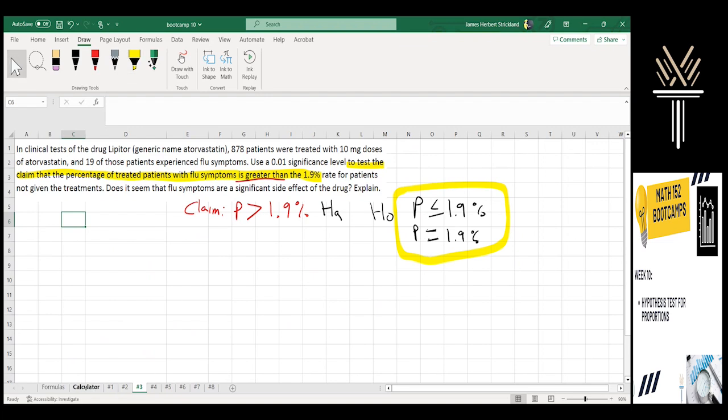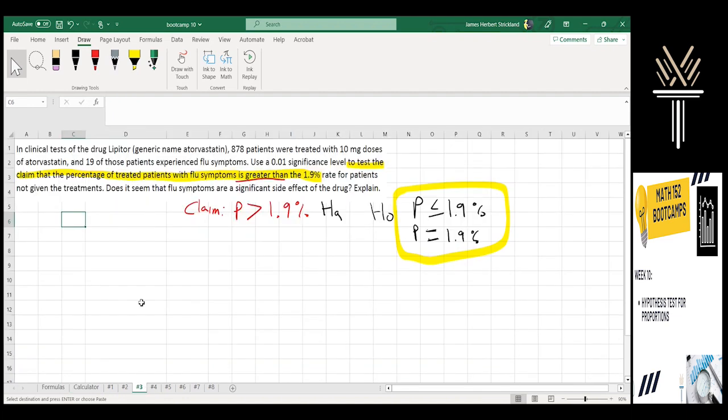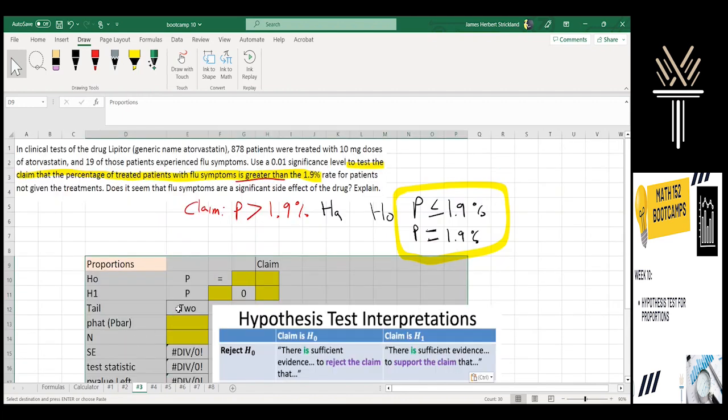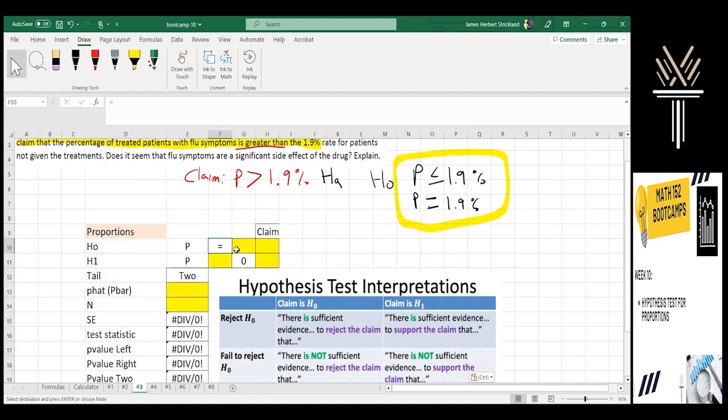Okay. Let's grab our calculator. Paste it somewhere. Oops, copy it again. There we go. Okay. Which is why you'll never see me change the null hypothesis value of equal to, because it doesn't actually matter.